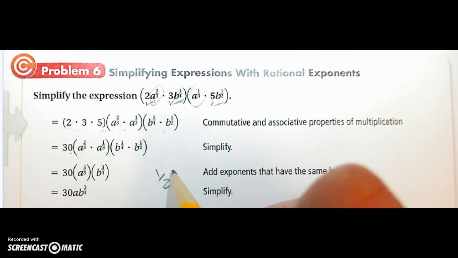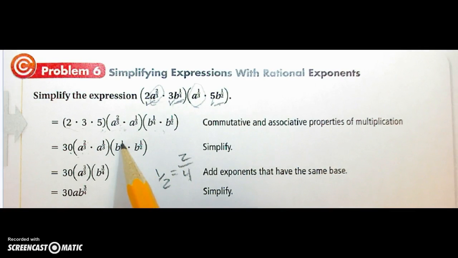We get 1/2 to a common denominator of 4, which is 2/4. So this is 2/4 plus 1/4 is 3/4. So b to the 3/4. You need to watch it really closely to see what's going on here. They're not going to tell you in the instructions how to get a common denominator before you add them together, because you should already know that.